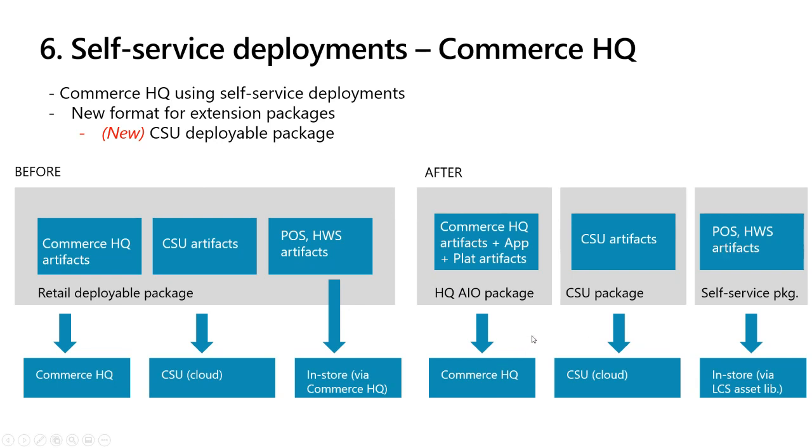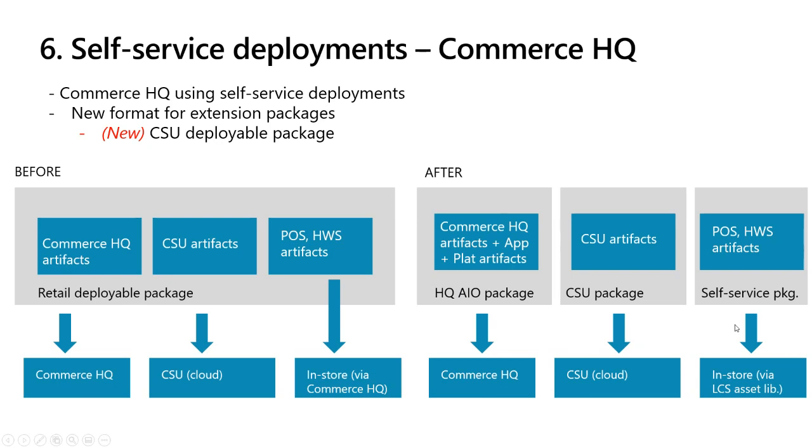The second benefit is your CSU deployments are also going to be much faster, and they're going to upload faster, and they're going to fail much less than they have before, because CSU artifacts are going to be also very, very slimmed down in size. And the self-service packages themselves also are going to be slimmed down because they're not carrying the other package payloads within them.